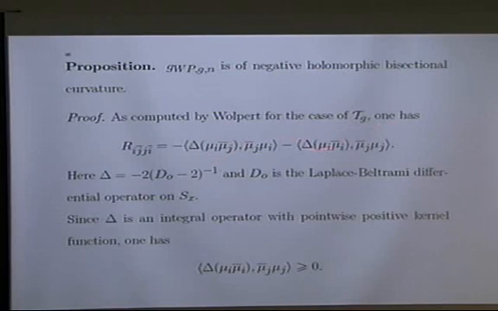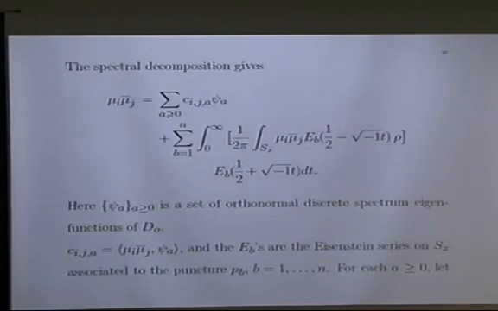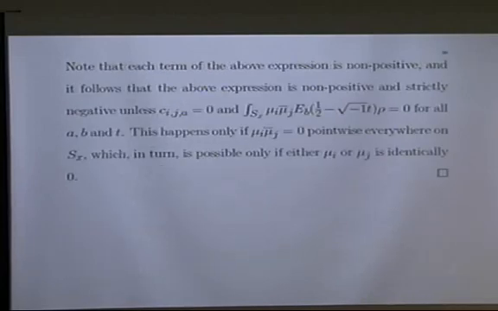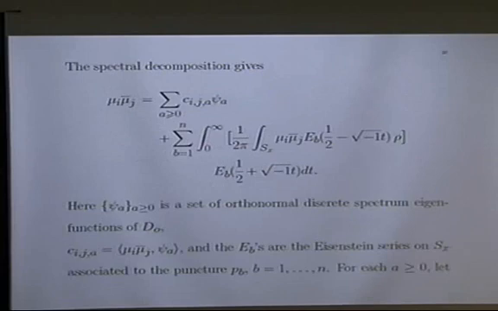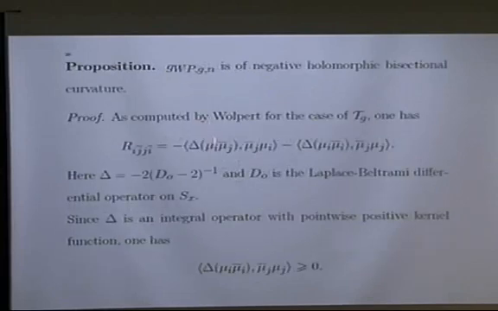The formulas are the same, and in the case of punctured Riemann surfaces, when you compute the Laplacian and look at the spectral decomposition of this term, this term is semi-negative, and this term is negative. This term is negative and is zero only if mu_i times mu_j is zero, which again means mu_i or mu_j is zero.